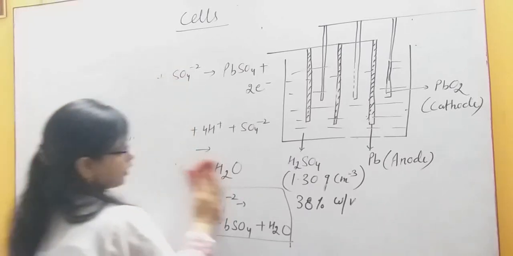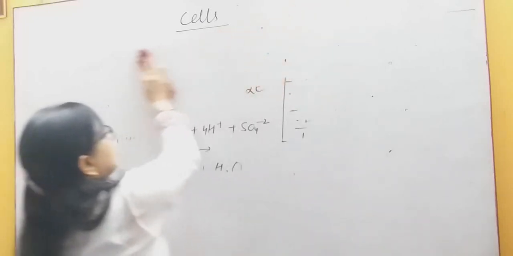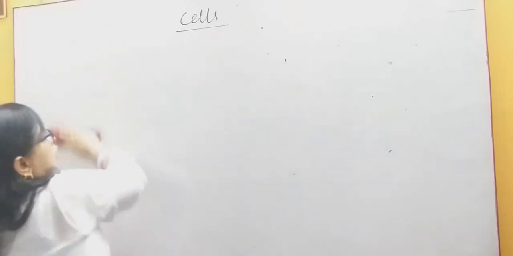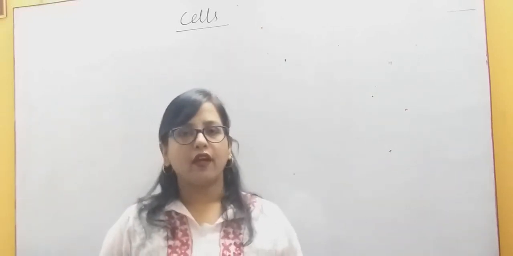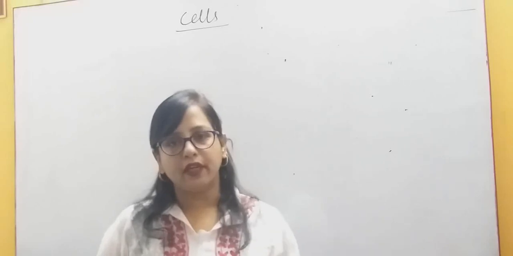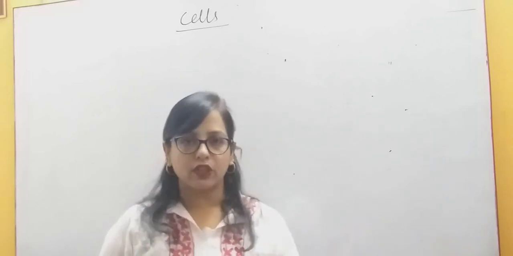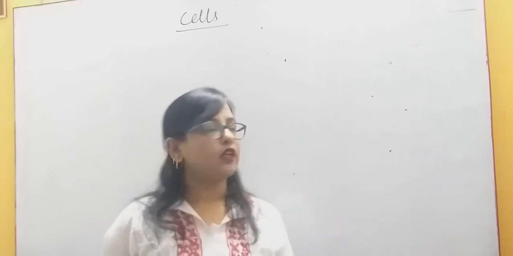Now I will explain the fuel cell. What are fuel cells? Fuel cells are the third kind of cells, in which you can use any kind of gas to make, by any chemical process, energy. It can convert into energy. So you can use hydrogen cell, oxygen cell, methane cell, carbon monoxide cell, any kind of cell you can use.